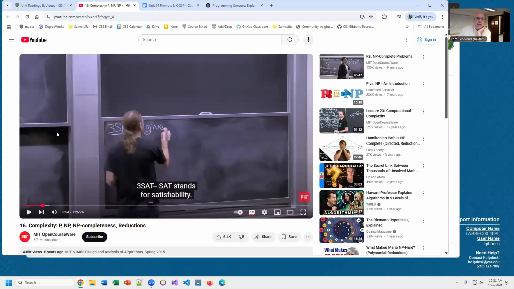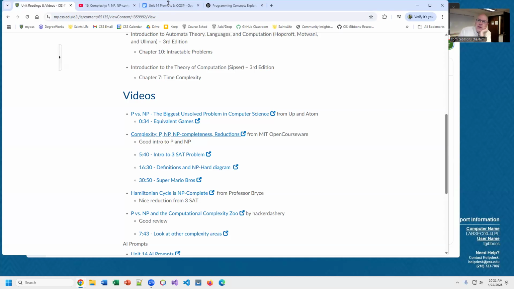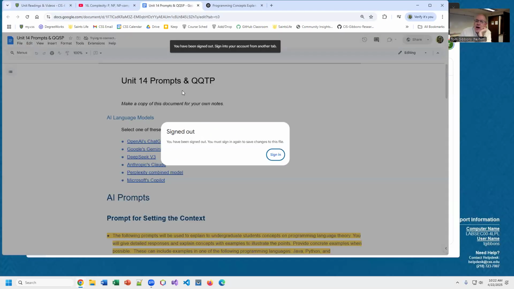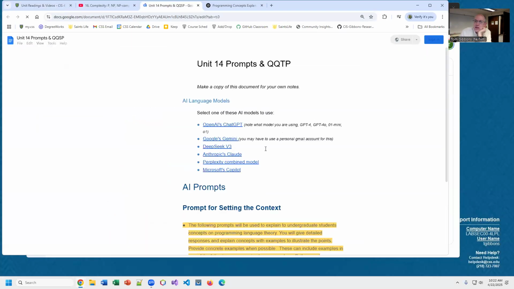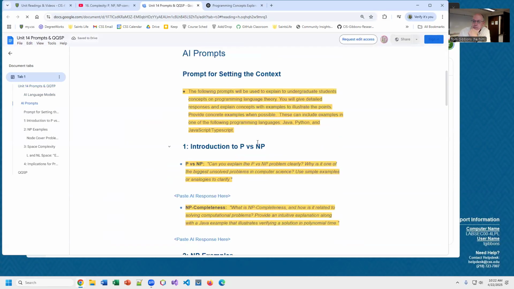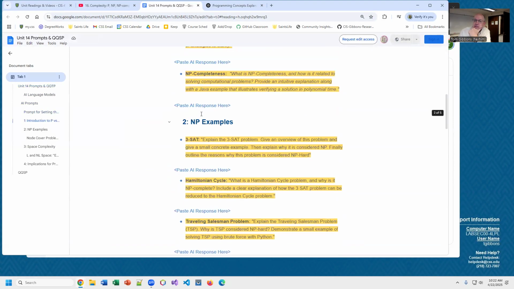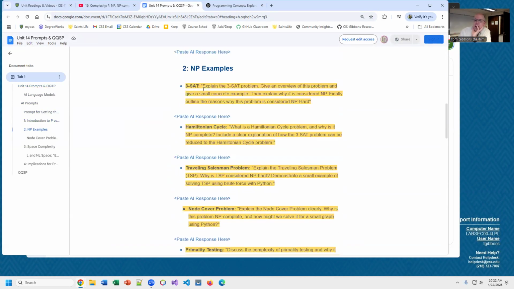Before we get to the 3-SAT, we do have some prompts this week for you to go through. Again, we're talking about P versus NP and NP-completeness, and then we're going to go through some problems. The first one is this 3-SAT problem, and it's a simplified version of the SAT problem.